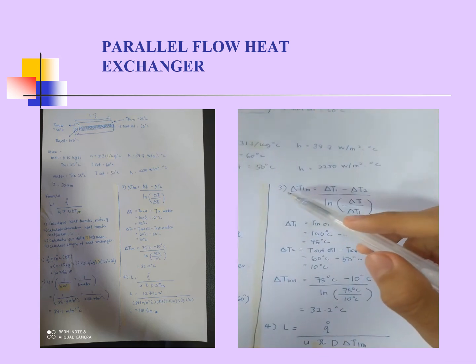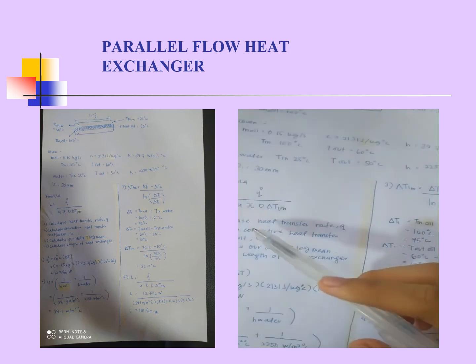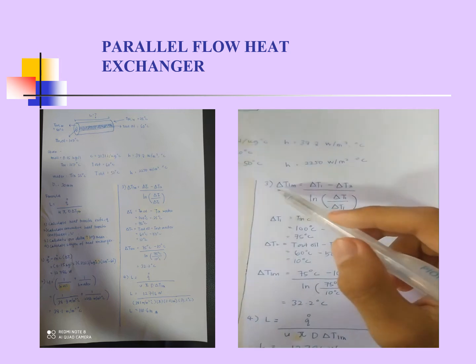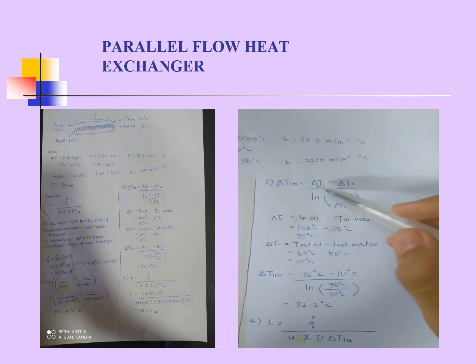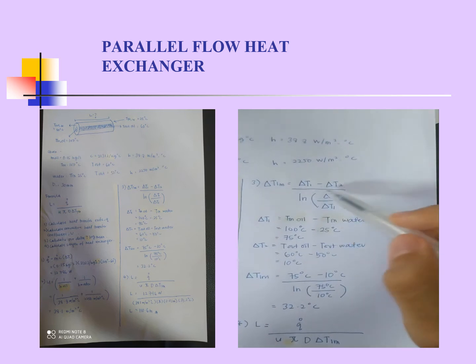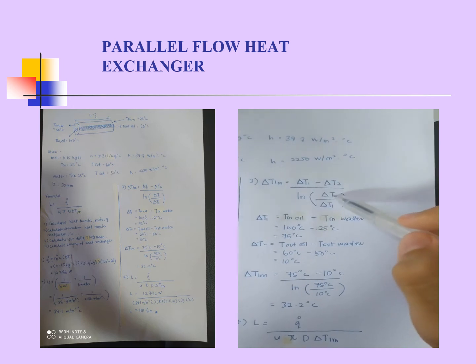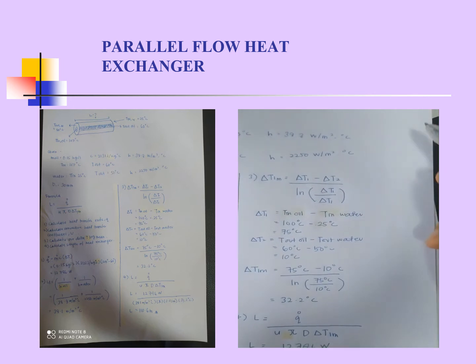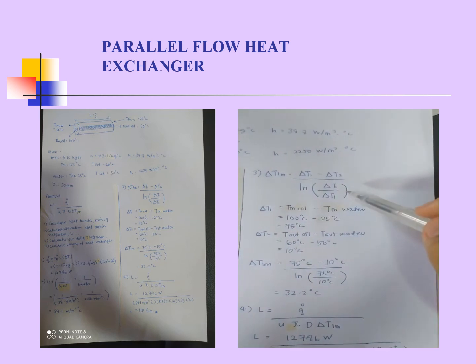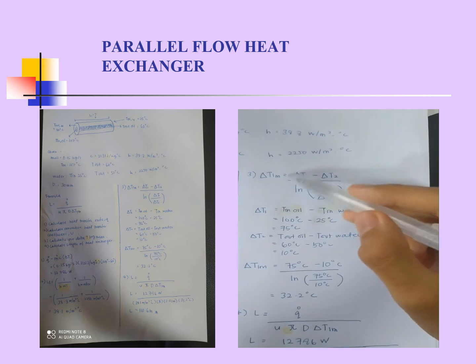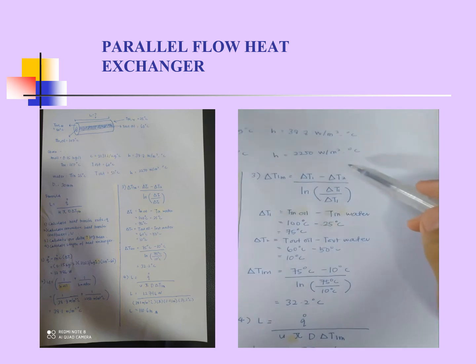For number 3, we calculate our delta T log mean. The formula for delta T log mean is delta T1 minus delta T2 divided by natural log delta T1 divided by delta T2. Before we use this formula, we must find delta T1 and delta T2.